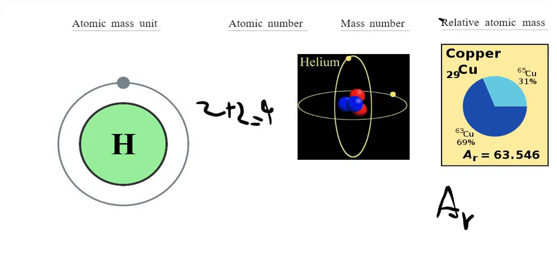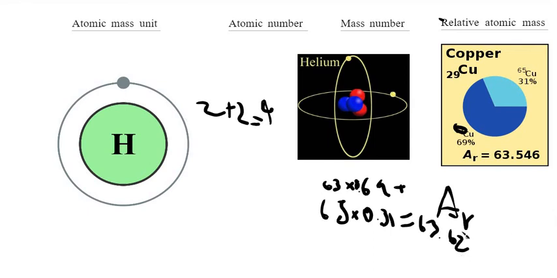So in this one, you could do the calculation now. The one with 69% and the atomic mass 63 would be 63 multiplied by 0.69, plus 65 multiplied by 0.31, which would be 63.62.